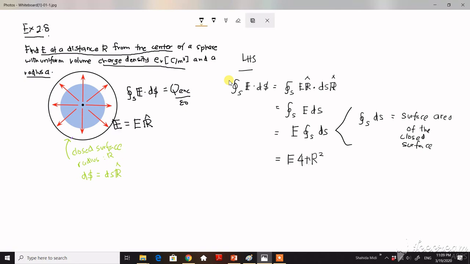Now we can rewrite this equation: E times 4 pi r squared equals Q enclosed over epsilon 0. Here we have already simplified the left hand side of the equation for Gauss's law.